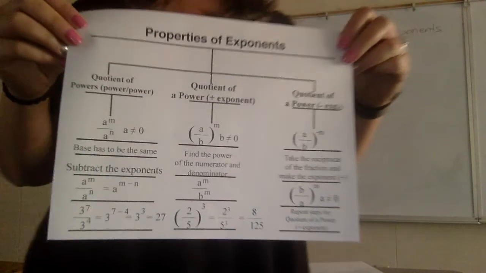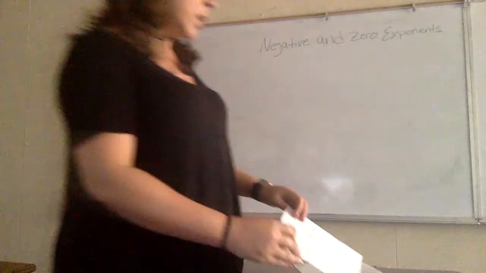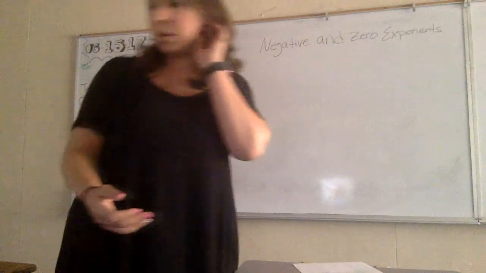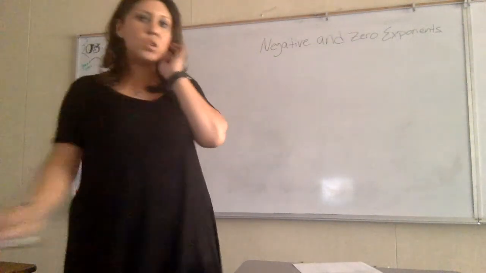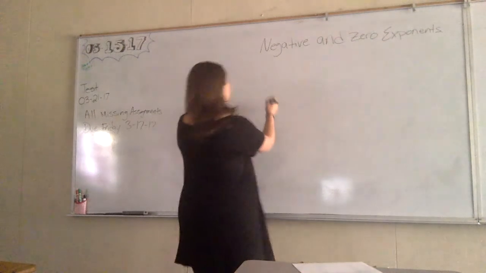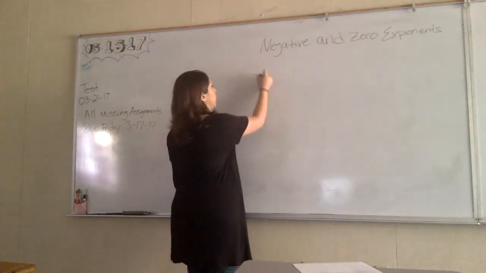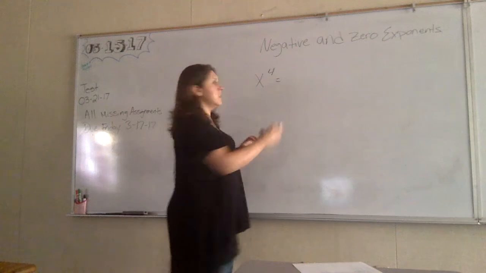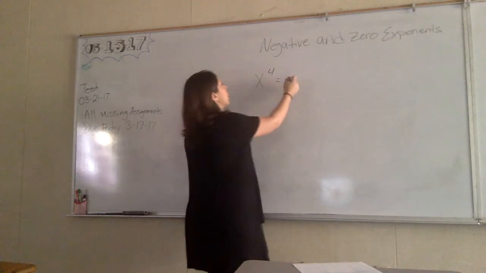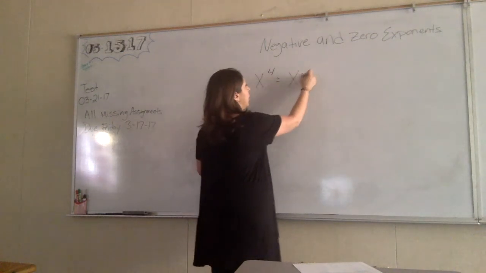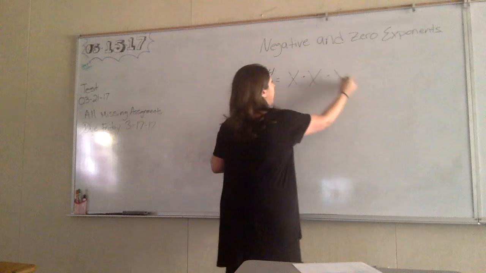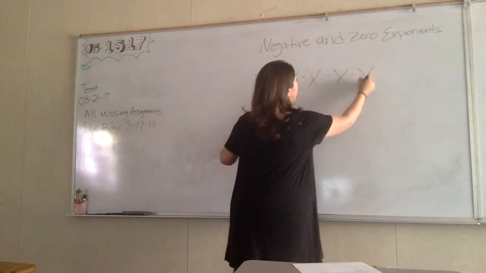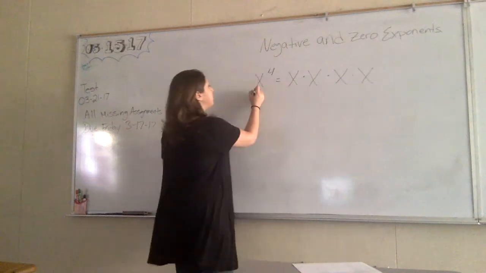Alright, so I am going to explain how these new exponents work. We all have an idea of what an exponent is. If I write x to the fourth, the 4 lets me know how many of my base I have. So let's talk a little bit about vocabulary.